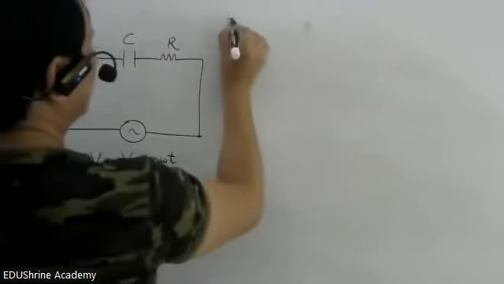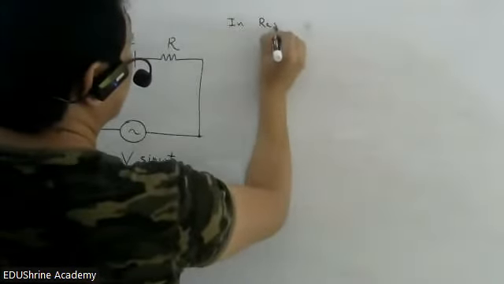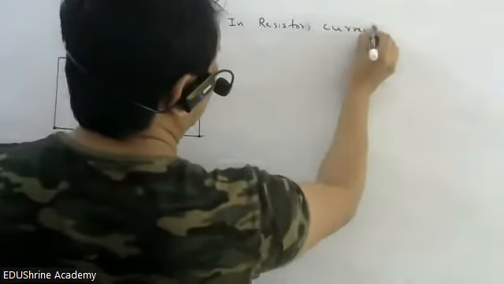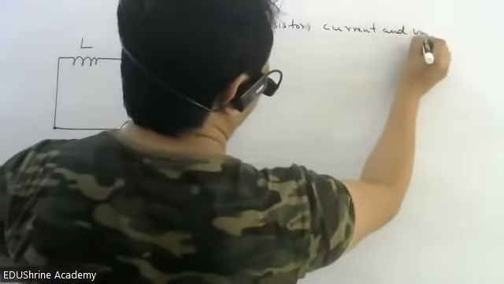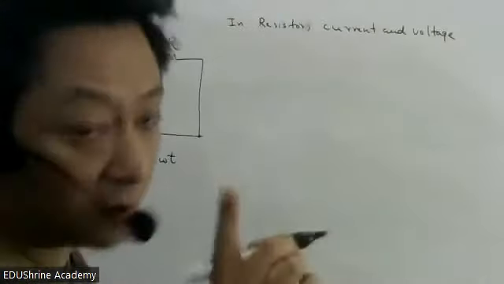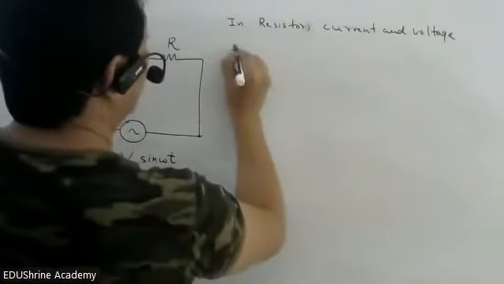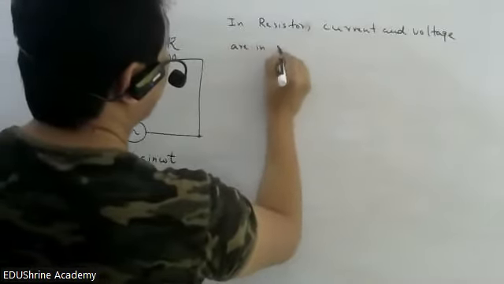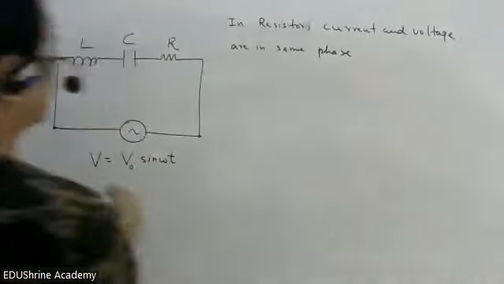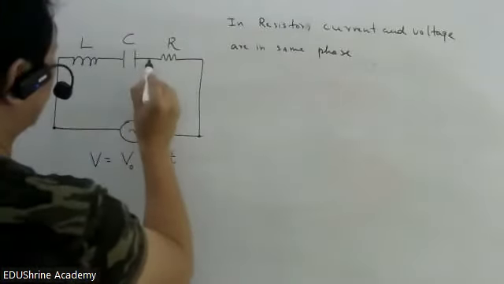Now, in resistor, and this you have to write, even if you have written before, in this derivation you have to write: in resistor, current and voltage are in the same phase. And what will be the voltage here?